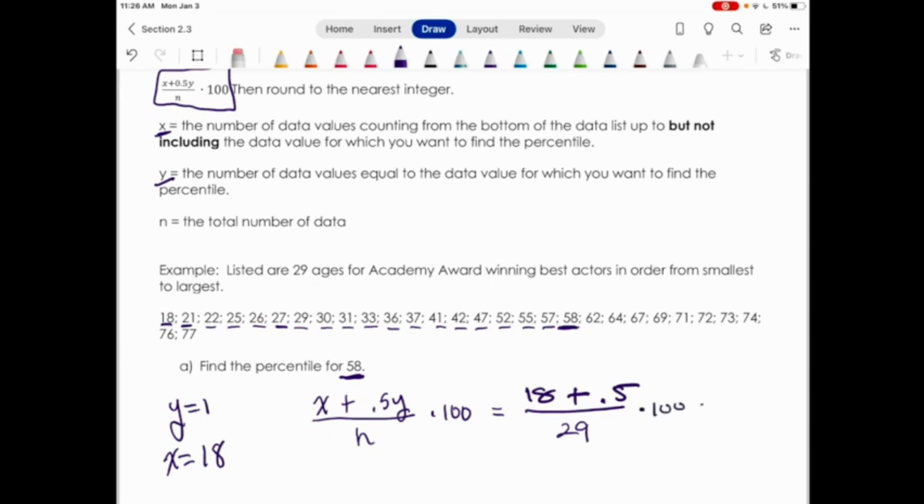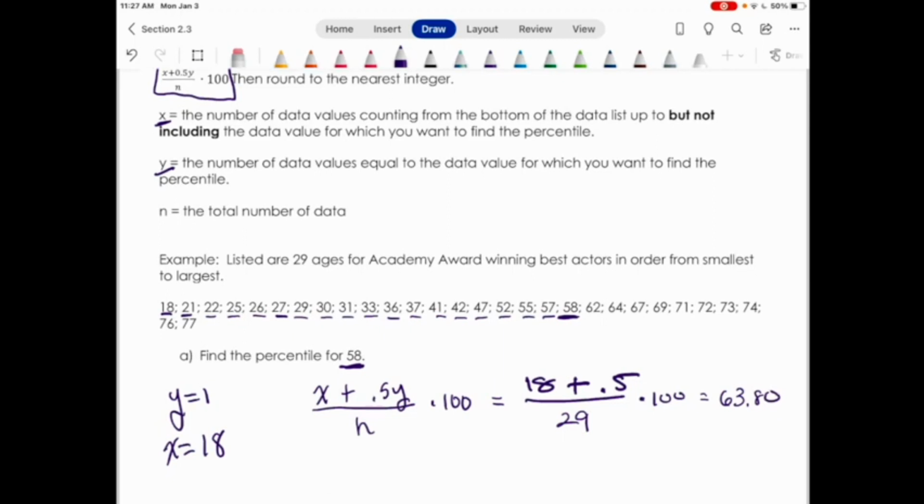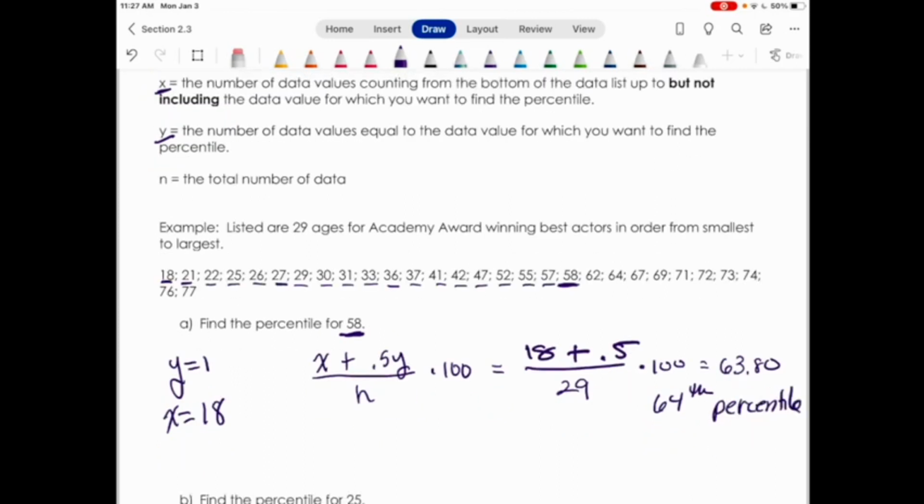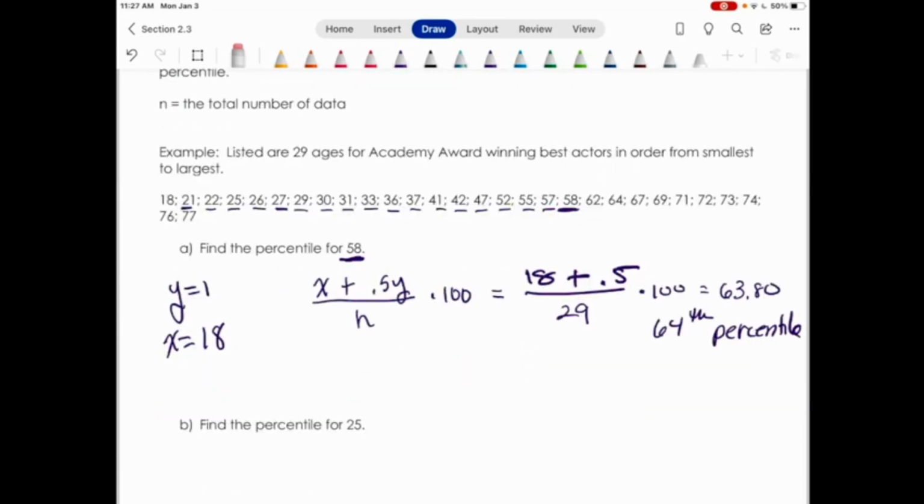So when I put that in on the calculator, we should get 63.80. Now remember, we always round to the nearest integer, so in this case, that would give me the 64th percentile. If I look at the number 58 in this list, there's 64% of data values that lie beneath 58 or less than 58. Now let's do the same thing for 25.